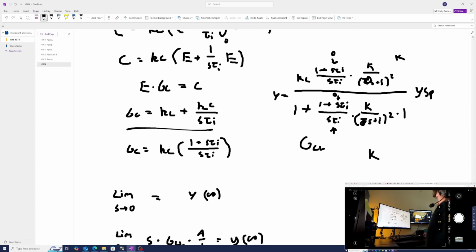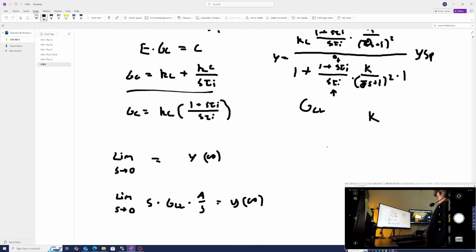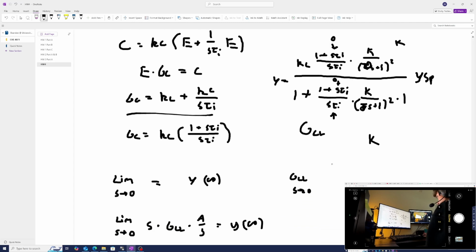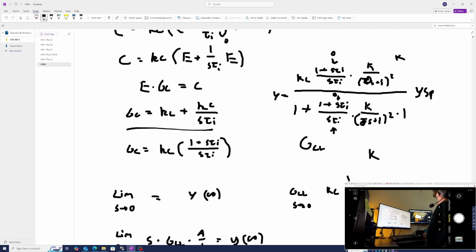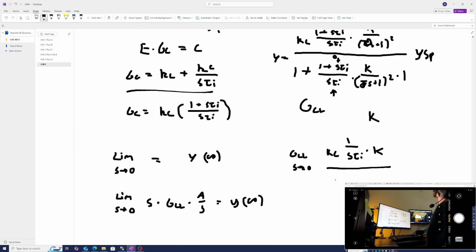So what we end up with is our GCL as S approaches 0 is Kc, 1 over S tau I, times K over 1 plus 1 over S tau I times K.